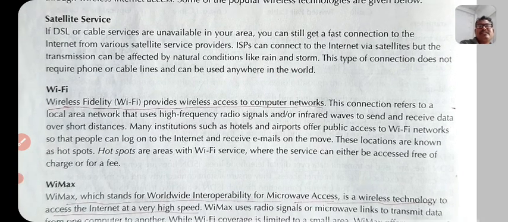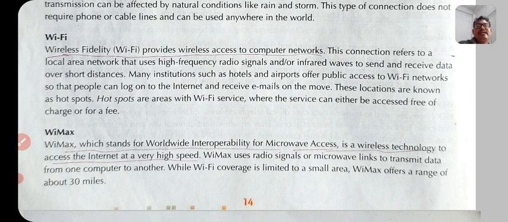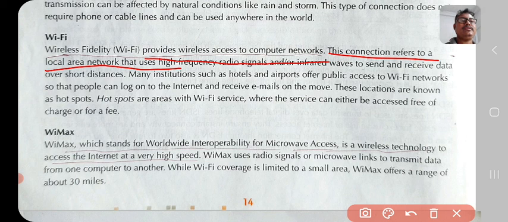Next service is Wi-Fi, wireless fidelity. The Wi-Fi full form is wireless fidelity. Wi-Fi provides wireless access to computers. This connection refers to a local area network that uses high frequency radio signals or infrared waves to send and receive data over a short distance.